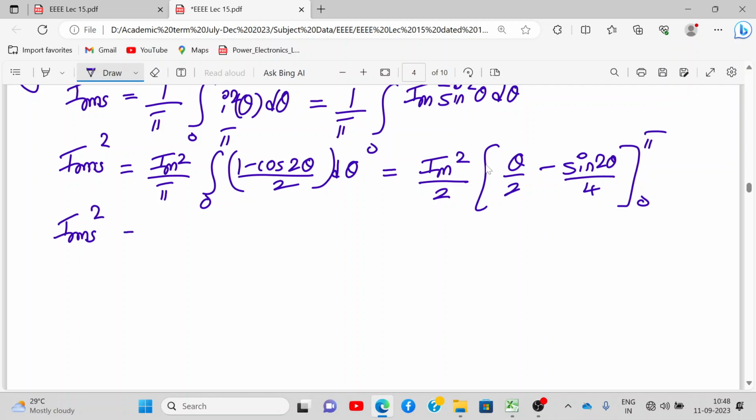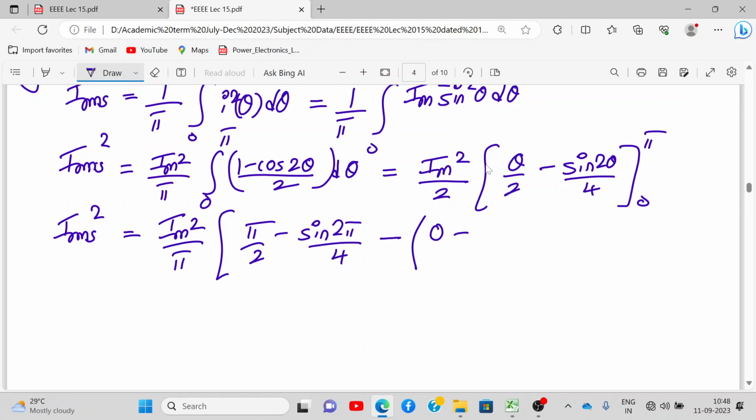So I RMS square will be Im square by pi into pi by 2 minus sin 2 pi by 4, minus 0 minus sin 0 by 4. So what is sin 0? 0. What is sin 2 pi? 0. So what is I RMS square?